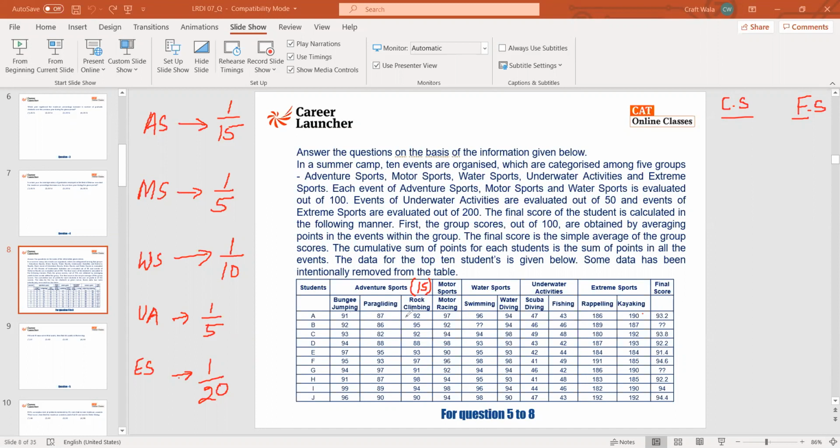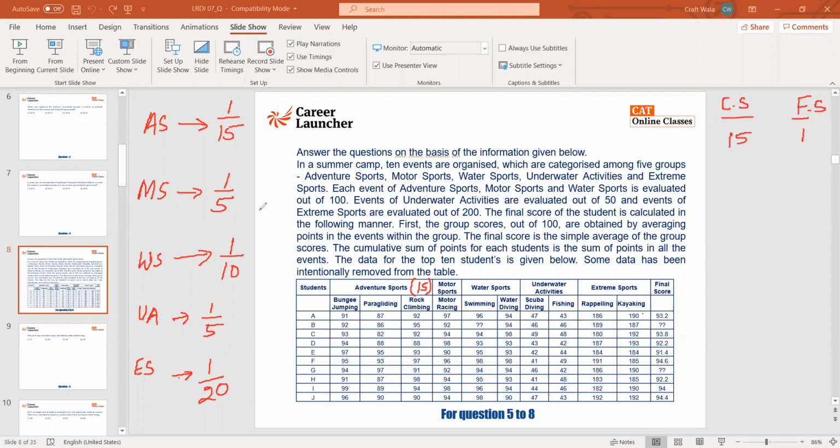If adventure sport is the only place where I can give, then how many points should I give? To improve by one, I should give 15 points. How to give 15 points? We will give 8 here and 7 here. 7 more points here, 8 more points here. His cumulative score will improve by 15 and his final score will go up by 1. So now we are writing it the other way around. If you give 15 in cumulative score, the final score will go up by 1.